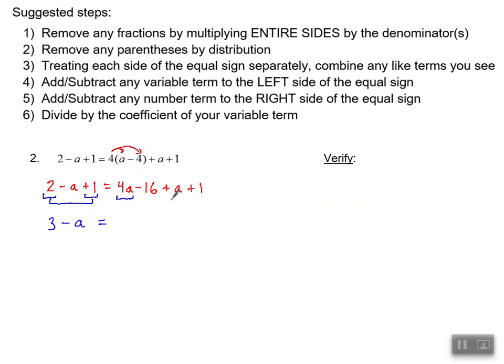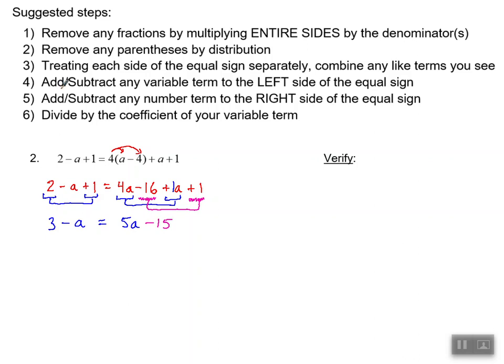Those are like terms, so I'm going to combine those together. 4 plus 1, there's this 1 right here. If you want to put that in, that helps. 4a plus 1a becomes 5a. And I also have like terms that are numbers. This negative 16 and this positive 1. I'm going to link those together. Negative 16 plus 1 is negative 15. So we had like terms on both sides of the equal sign.